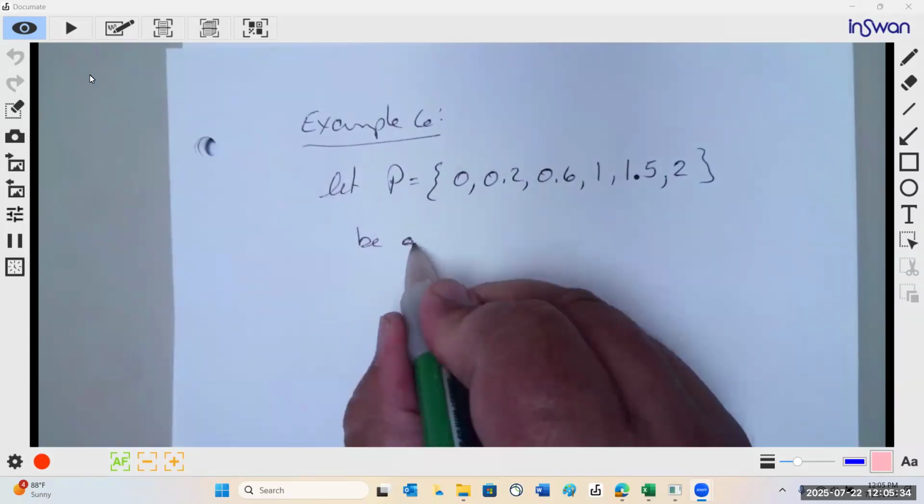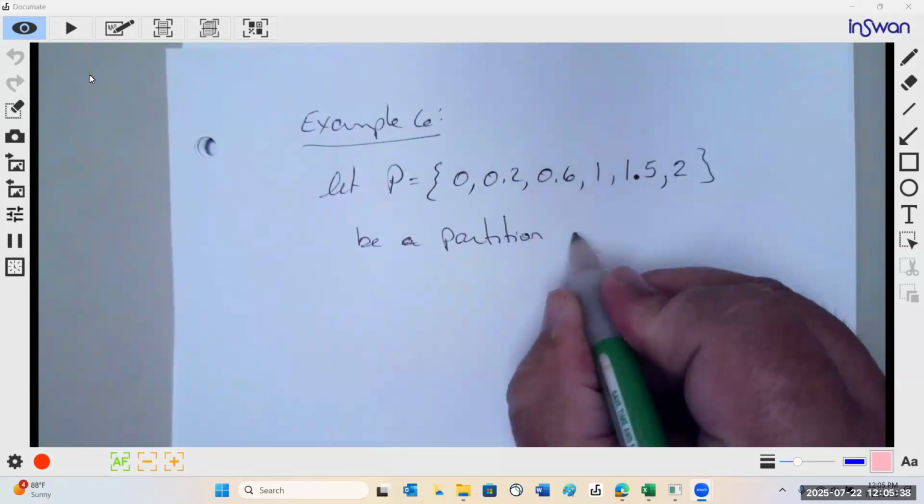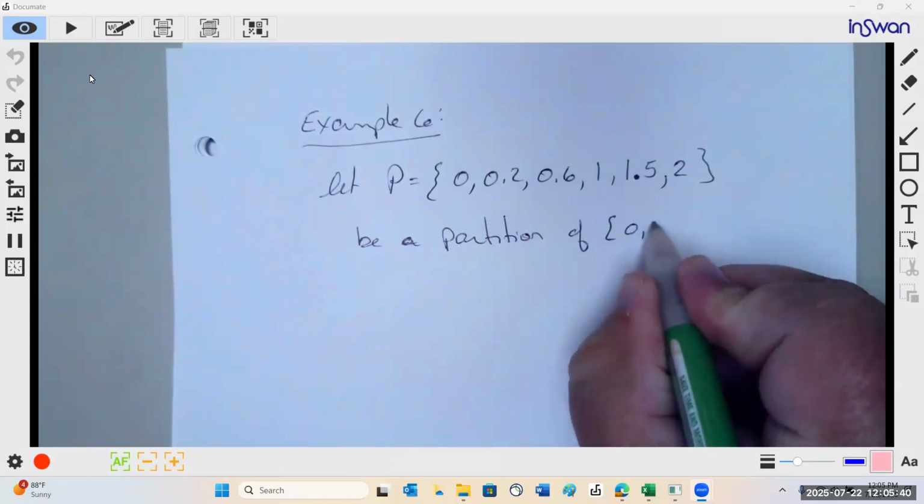Let P be a partition of the closed interval 0, 2.